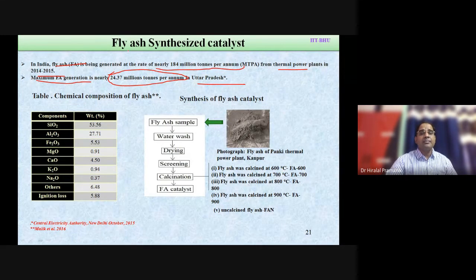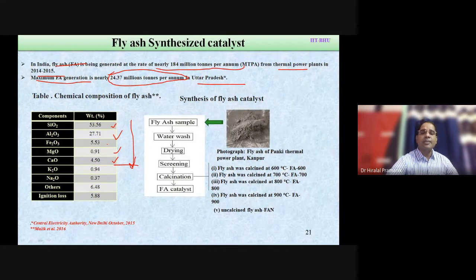So fly ash consists of basically silica, alumina, iron oxides, magnesia, calcia, and mainly silica, alumina, Fe2O3, and magnesia, sometimes calcium oxide. If you see in this range, this plays a catalytic role, up to this calcium oxide.